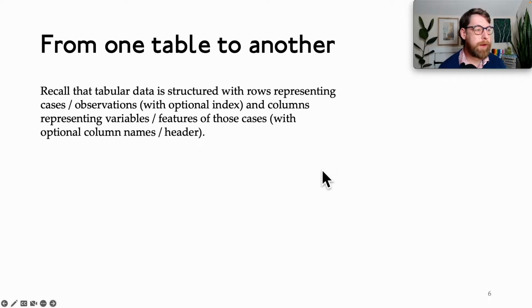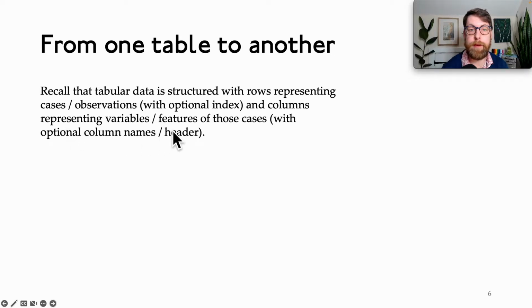Well, recall that tabular data is structured with rows, and the rows represent cases or observations, and they might have an index, or a data frame will create one. And then you have columns, and these would be representing variables or features, depending on how you name it, of those cases. They might also have optional column names, like a header.